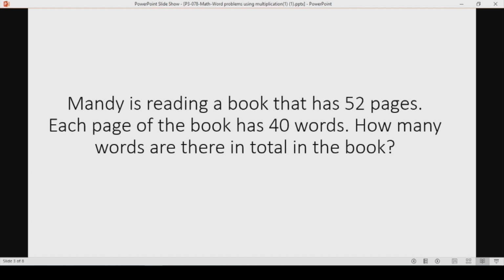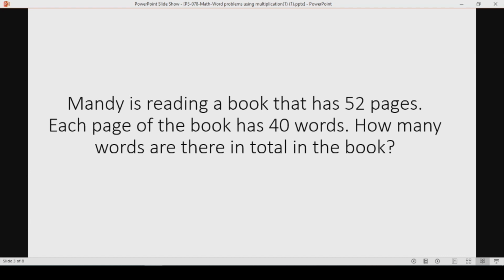So we write 20 and use the comma because we're into the thousands. So what's the answer for step 2? 2,080. And when we add 0 to 2,080, what's our total answer? 2,080.